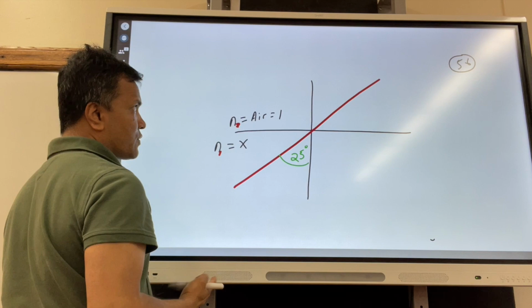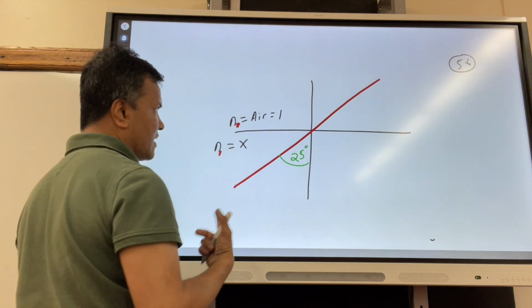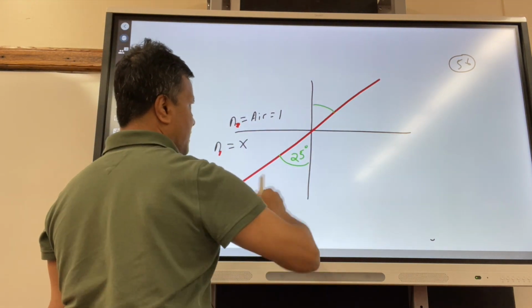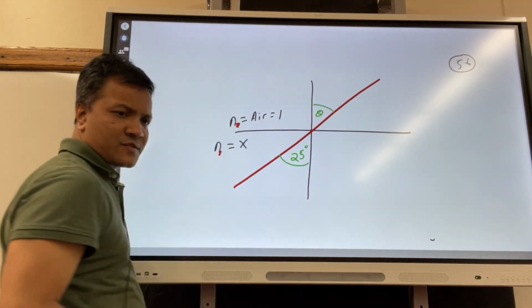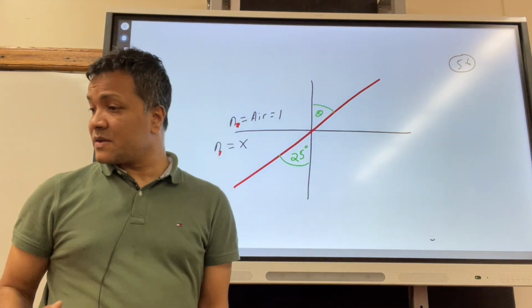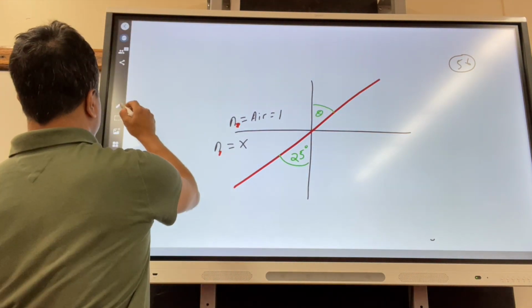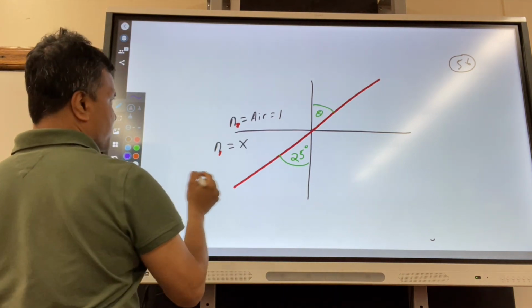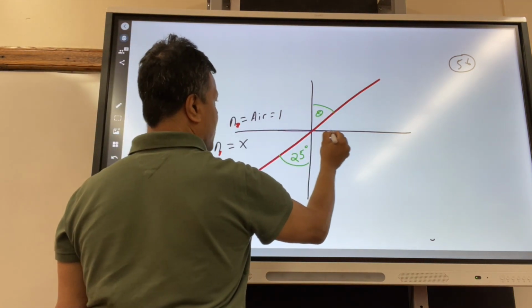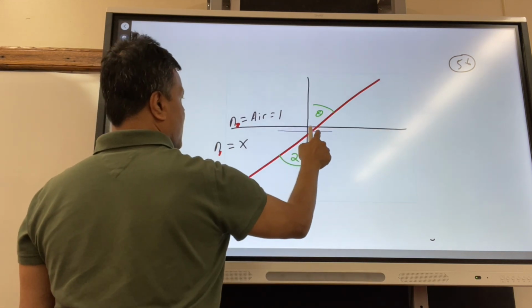Okay, so what do we have to do? We have to measure this one. What would be the theta over here? So we take our protractor, so we're going to put the protractor like this.